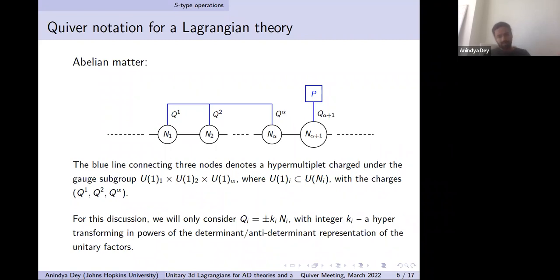Generally the charges Q are completely unconstrained, but for our discussion, we'll only restrict ourselves to Qs which are multiples of N. So you can think of them as powers of the determinant or anti-determinant representation of the unitary factors. So it's a product of determinant representations. This is the only new ingredient that we'll have, and it will play a very important role in what comes next. Is the notation clear to everyone?